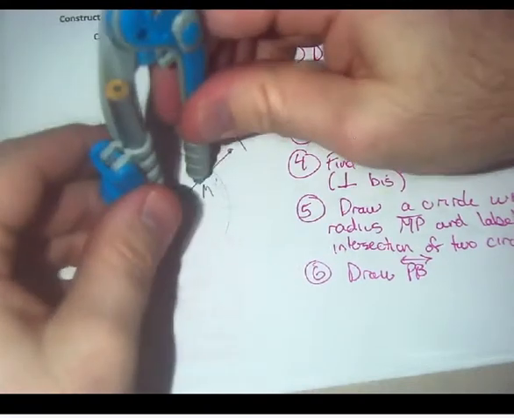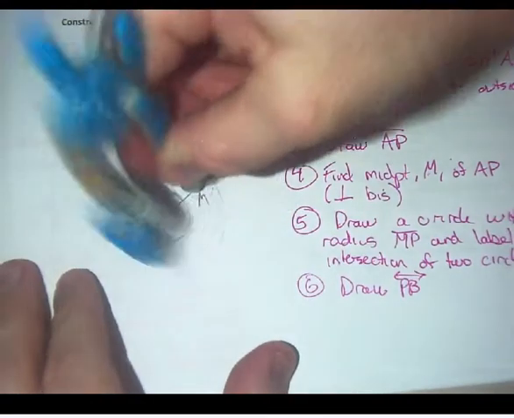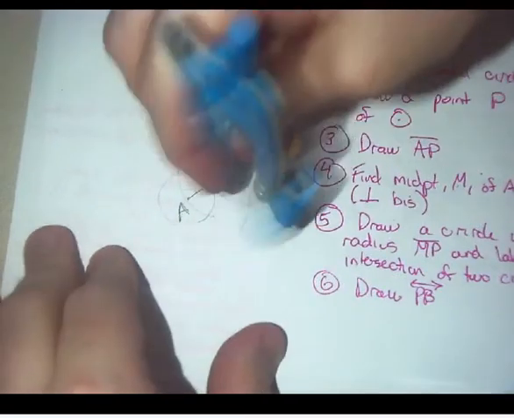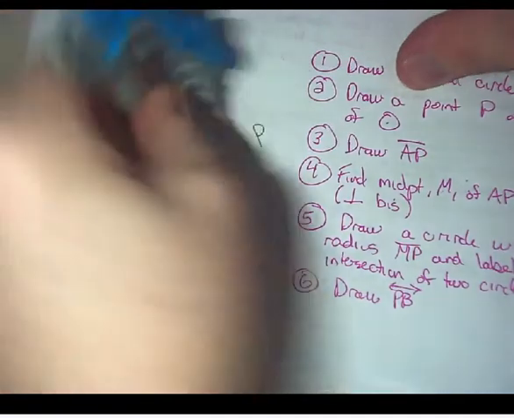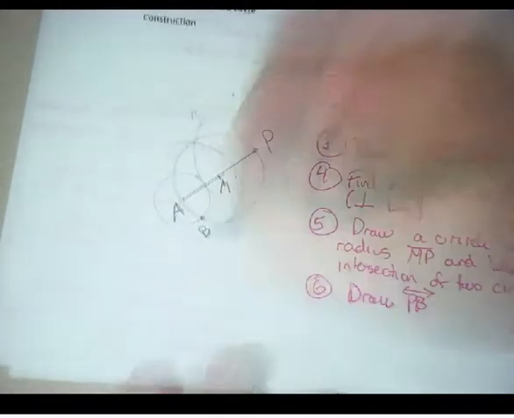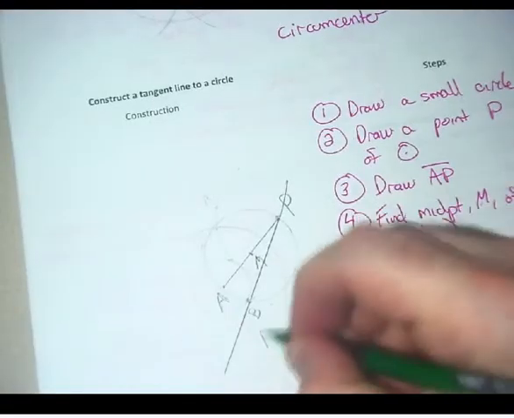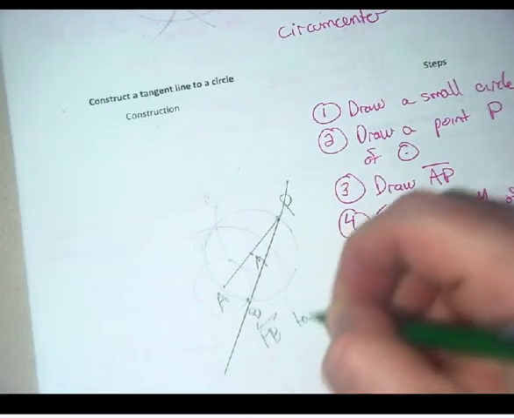I'm going to label the intersection B. And of course, it intersects it twice, so we can do either intersection as B. So I'll put point B here, and then I draw PB. And now line PB is a tangent. And I have all my constructions.